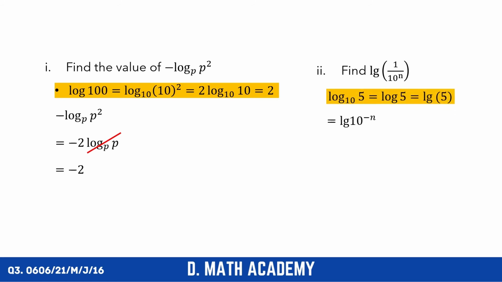To make that possible, you can interpret it as log with a base of 10 and the results of 10 to the power of negative n. Same rule applied earlier, bring out the negative n now. And since the base and the result are the same, it will automatically cancel off and you will get your final results as negative n.